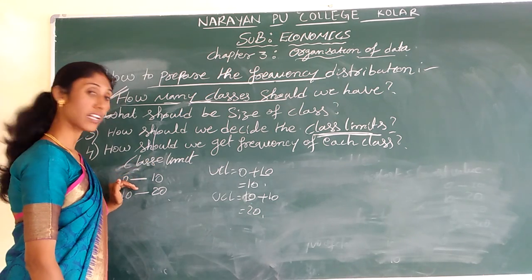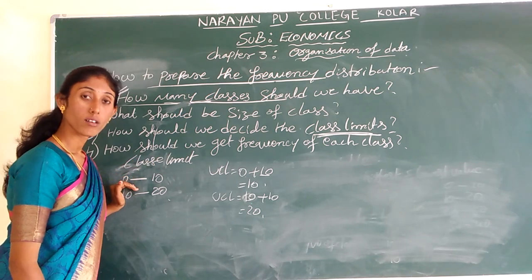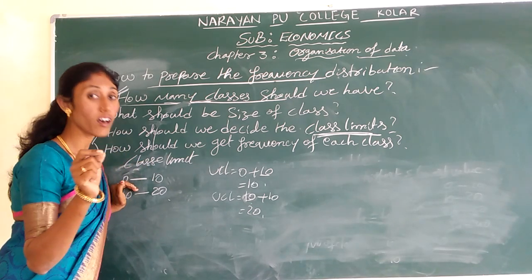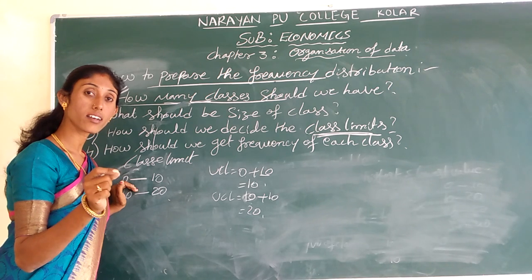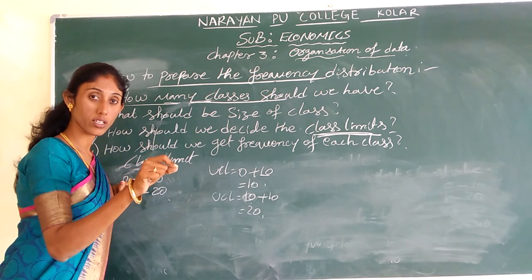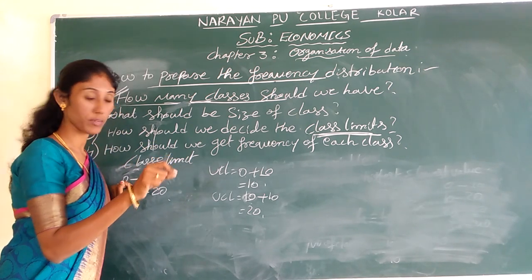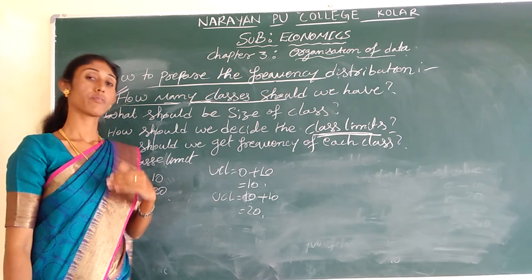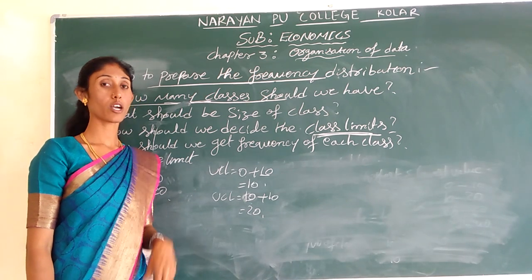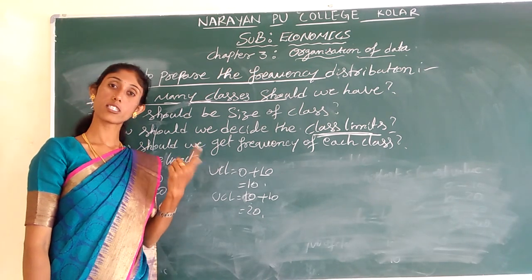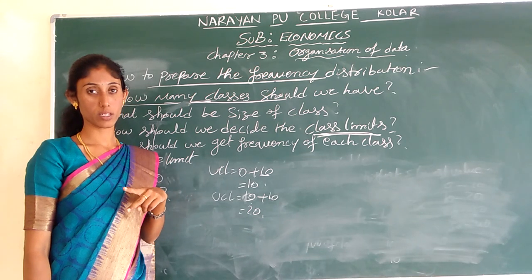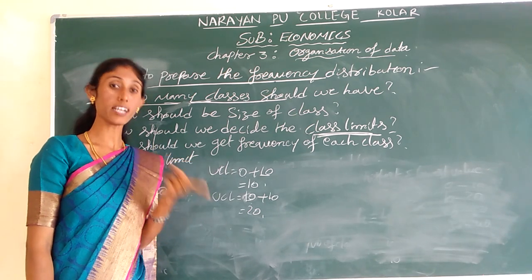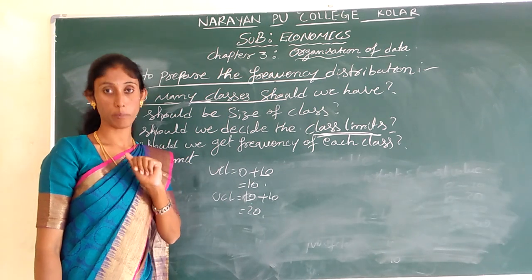Always the first class lower limit we get by finding the lowest value in the observation, and by adding the class interval to that lower class limit we get the upper class limit. And in the class limits we have two types, the exclusive method and the inclusive method.